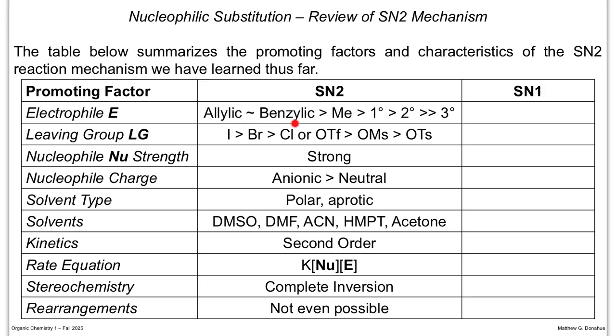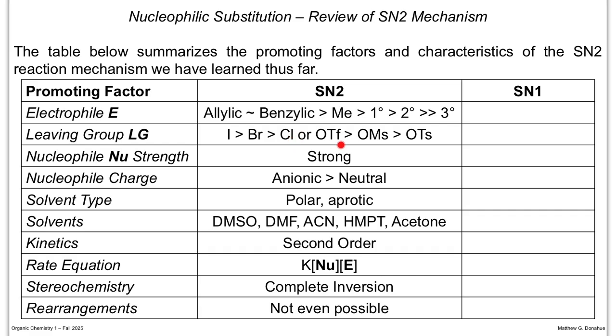These special cases will enhance the rate. So if you have allylic or benzylic secondary, that will probably react faster than if it's just a methyl or primary. Leaving group abilities in terms of the halogens, iodine is greater than bromine, is greater than chlorine.